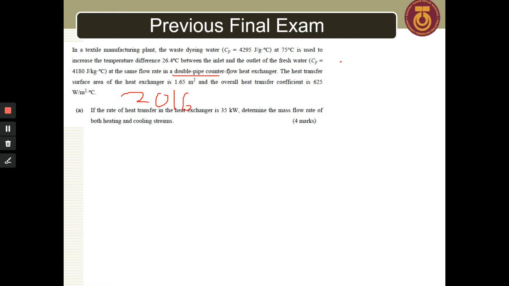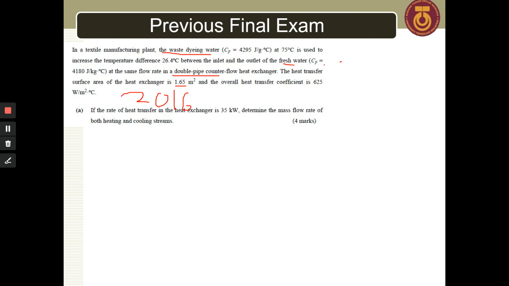Double pipe means 1 and 1. And actually the surface area is given. Is this heat exchanger thin wall or not, we will see. It is not stated here, but it is just stated that it is for wastewater and also fresh water.